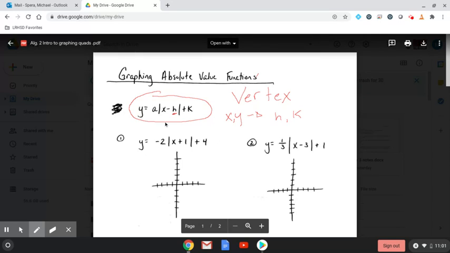All right? So when we're given this function that reads y equals -2 times the absolute value of x plus 1, plus 4, we're going to first graph our vertex. We're going to plot the point that's h, k.